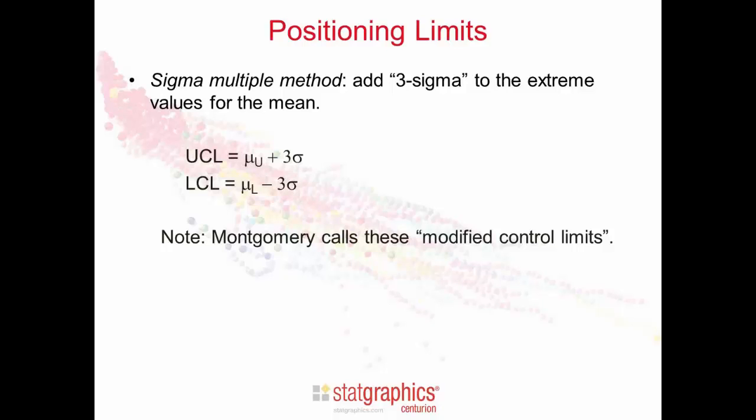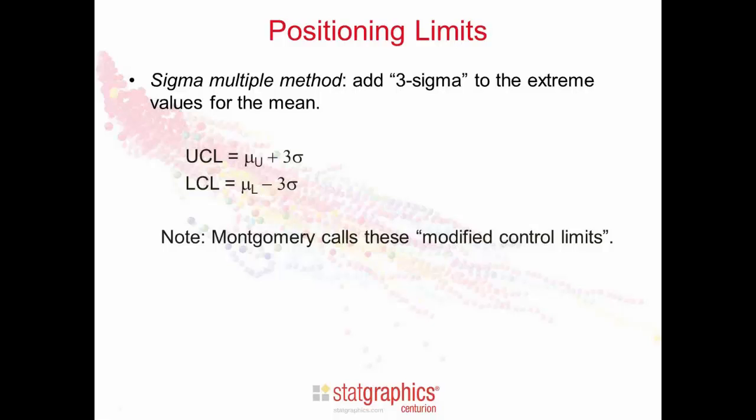So basically, we're allowing the process to move between mu sub u and mu sub l, and setting an upper 3 sigma limit at mu u and the lower 3 sigma limit at mu l. Montgomery, in his book on quality control, calls these modified control limits.